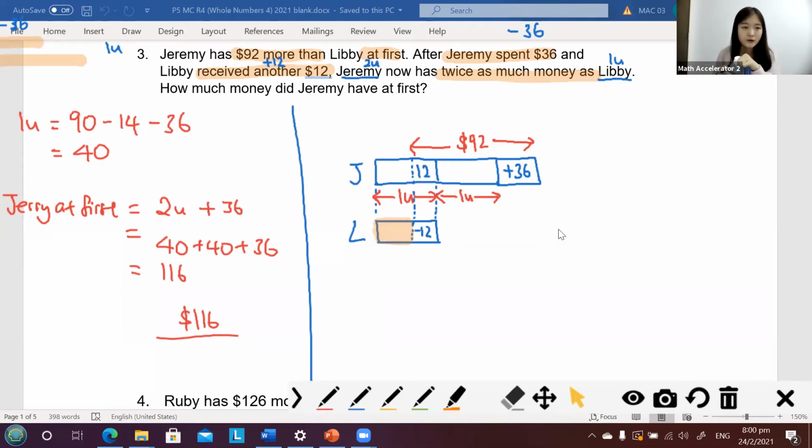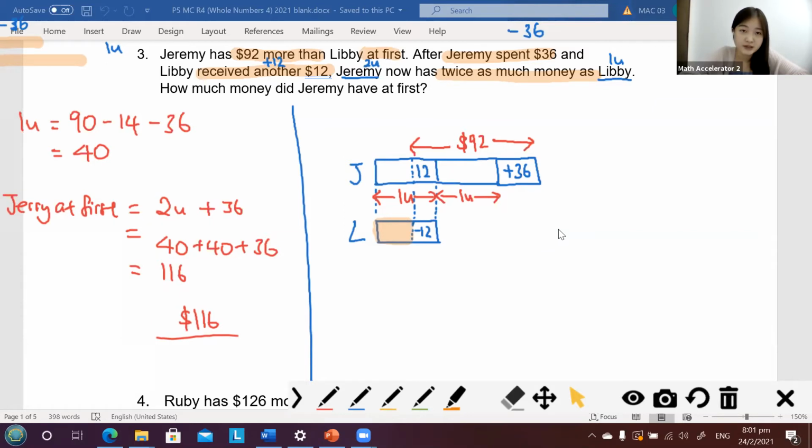I've started a poll. If you haven't selected your answers, you can go and select it now. What's the value of 1 unit in this question? A few more seconds.